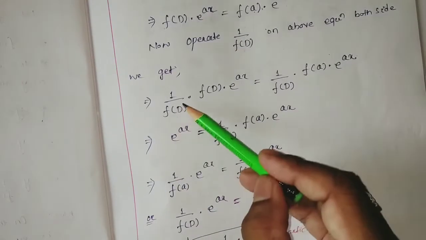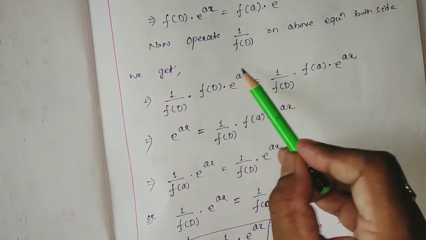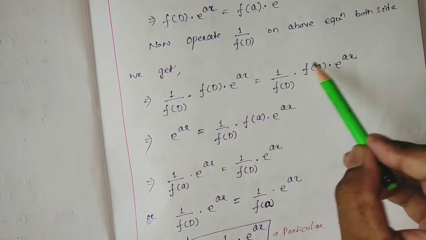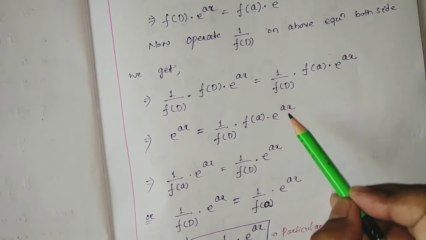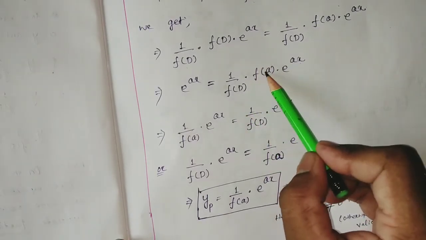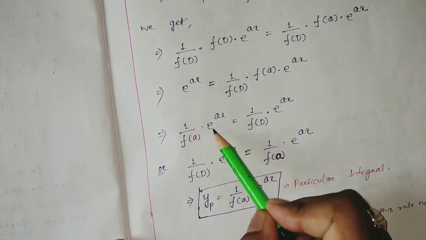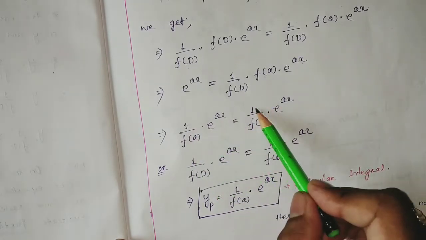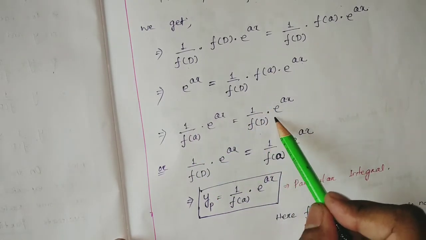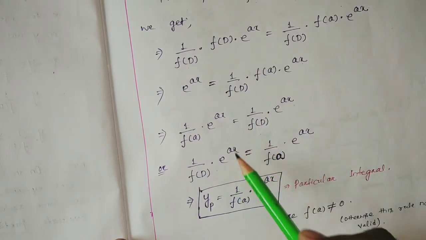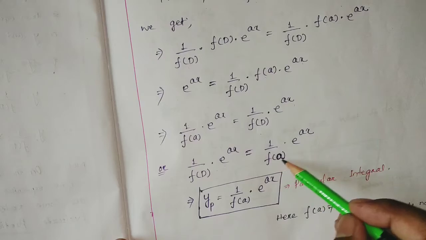So here f of D got cancelled, and we get e to the power ax equal to 1 by f of D, f of a e to the power ax. So if I take f of a to the left hand side, then 1 by f of a e to the power ax will be equal to 1 by f of D e to the power ax, or we can write 1 by f of D e to the power ax equal to 1 by f of a e to the power ax.